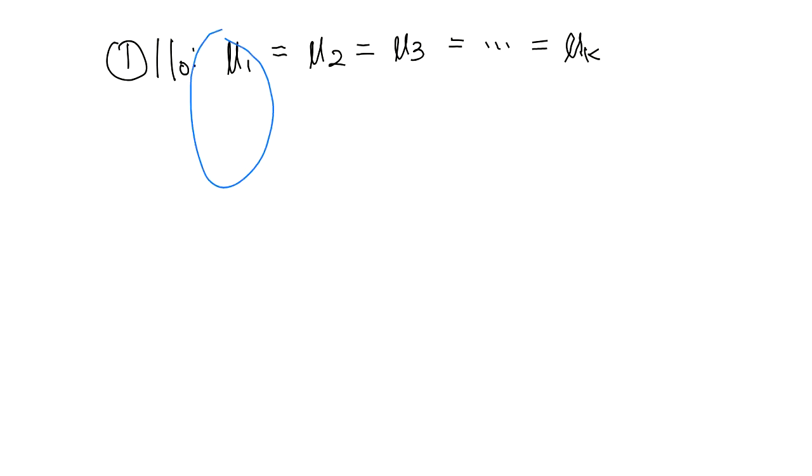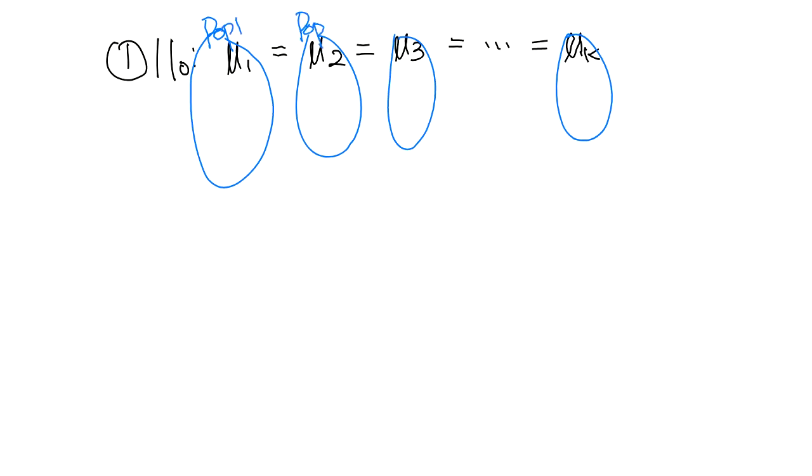So we stated the null hypothesis is mu1 equals mu2 equals mu3, up to mu k. So we had population number 1, population 2, population 3, and population k, right?